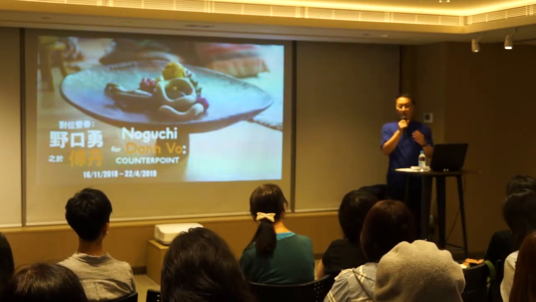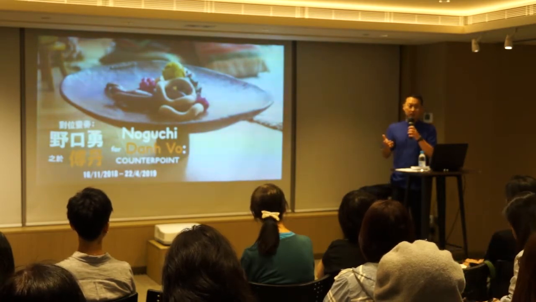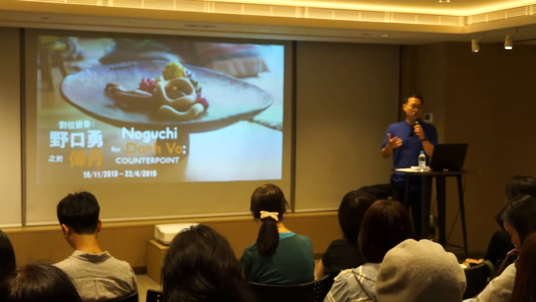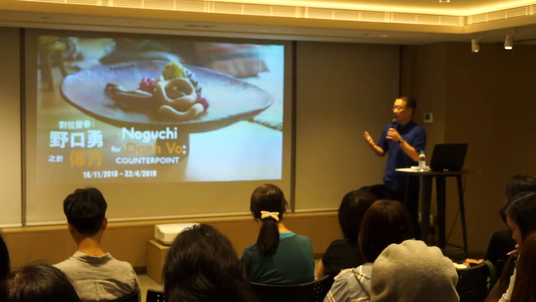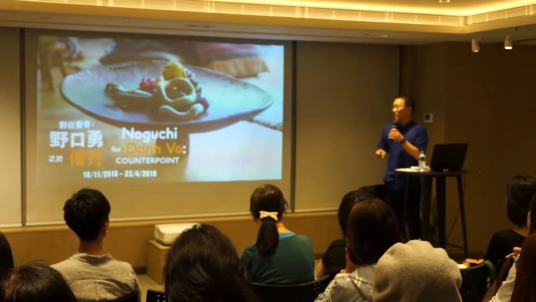I suspect that many of you know the name Noguchi, the Japanese-American artist, one of the major artists of 20th century modern art history. He passed away in 1988 at the age of 86.